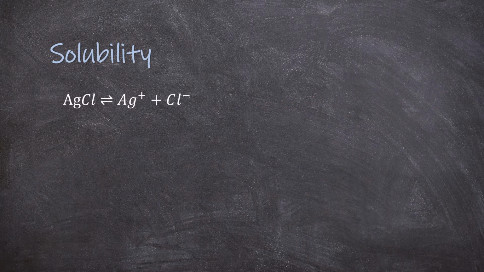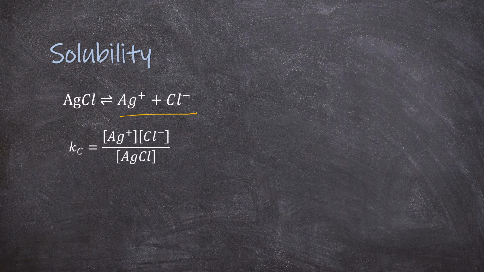So here AgCl, silver chloride, gives Ag plus and Cl minus, so you have to ionize like this if you were given AgCl. And here you will see this Kc. I think you have already studied this, it is the equilibrium constant.